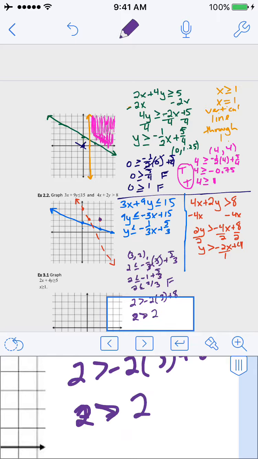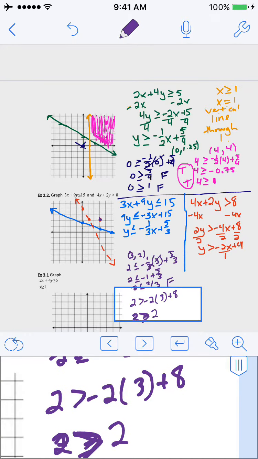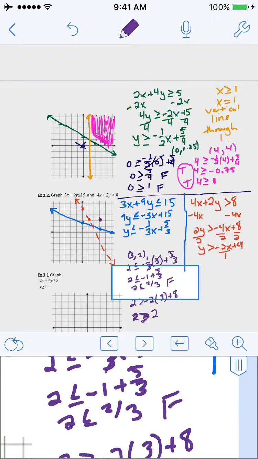Is 2 greater than 2? Oh, nope, just greater than. Sorry. Wait, what? Hold on, I may have made a mistake here. (3, 2).